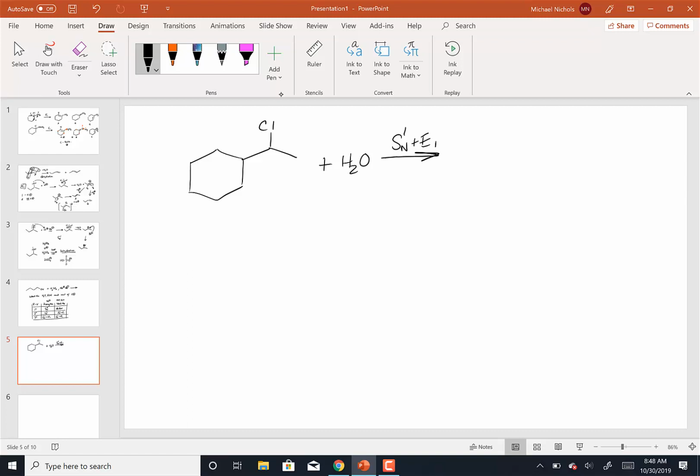Okay? So what's the SN1 product going to look like? What am I going to replace the chlorine with? An OH group. And how many possible E1 products do I have?